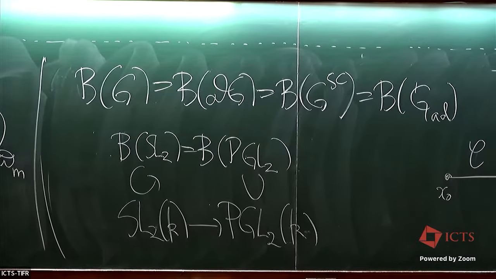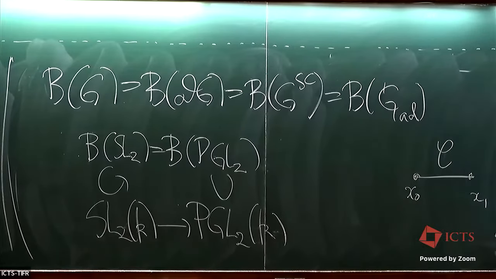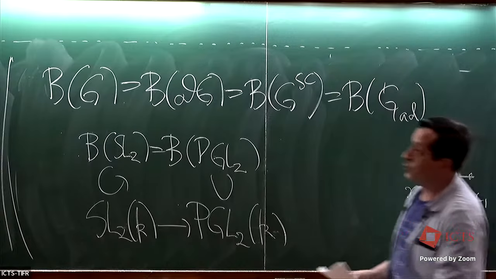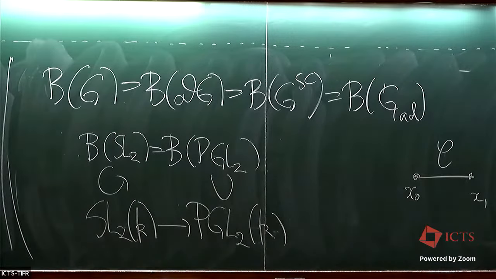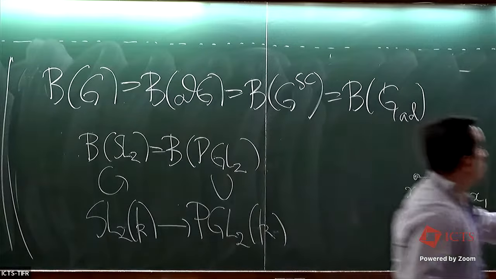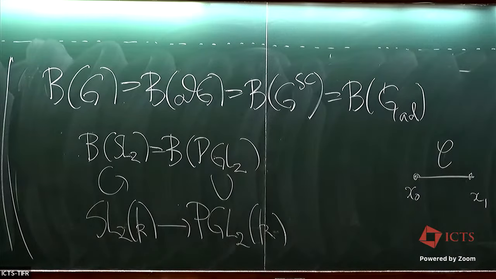But in PGL2, there's an extra element which has the effect of flipping this, which SL2 does not do. And one consequence is, you see, if you look at all these examples, these K sub m's, of course, if you send these from SLN to PGLN, then these conjugations all suddenly become elements of the group. And so very loosely speaking, it looks like there's some collapse of conjugacy classes.